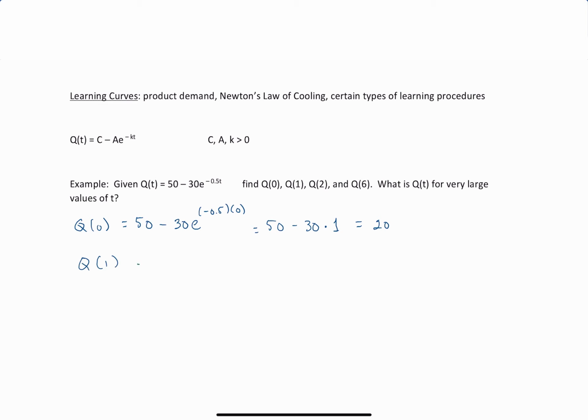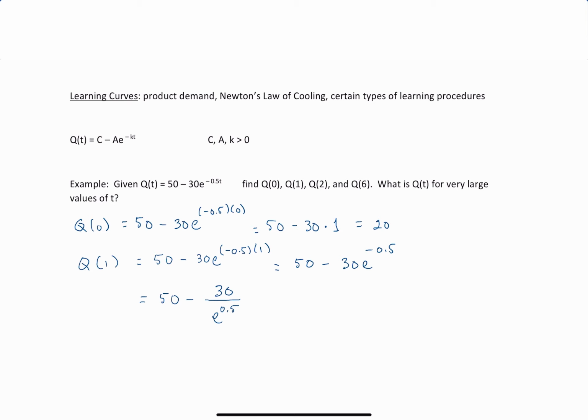What's Q of 1? Well, let's see. 50 minus 30 e to the minus 0.5 times 1 is the same thing as 50 minus 30 e to the minus 0.5. Now I'm going to rewrite this a little bit differently for reasons that will hopefully become clear later. Let's remind ourselves that having a negative exponent means that the thing really belongs in a denominator.